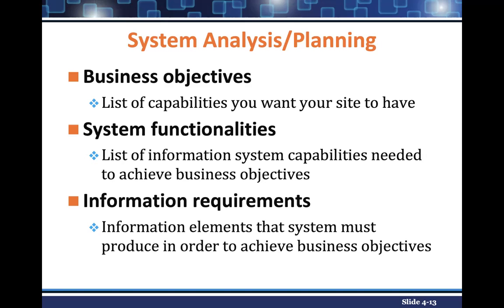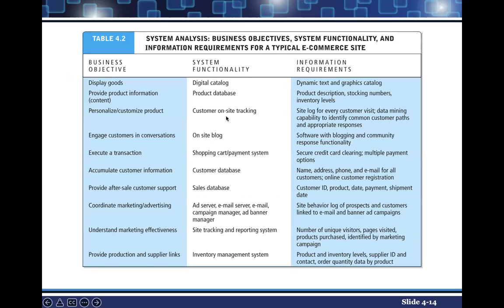So these are information requirements that we need to have in the system planning. The next one: we talk about the business objective, system functionality, and information requirements for a typical e-commerce site. The left column is business objective, the middle one is functionality, and the right one is information requirements.